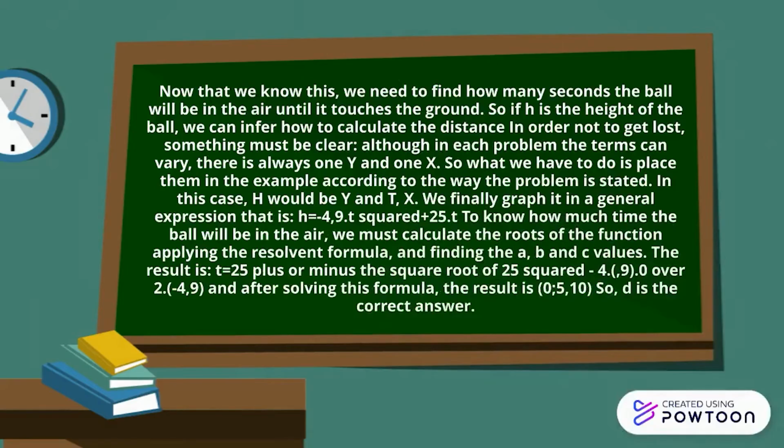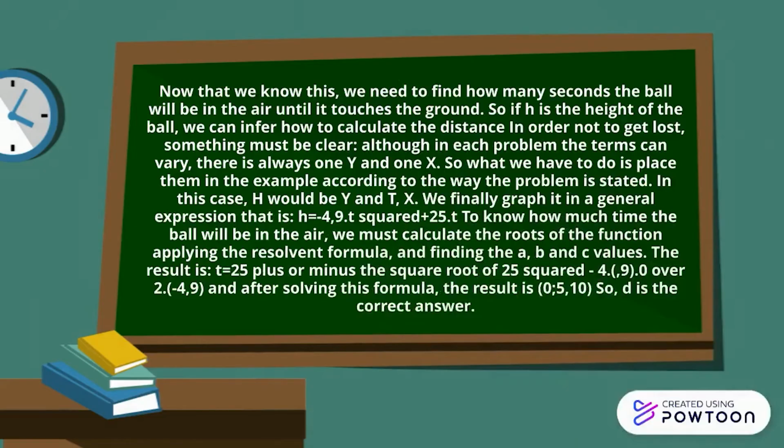We finally wrap it in a generic expression that is h equals negative 4.9 times t squared plus 25 times t. To know how much time the ball will be in the air, we must calculate the roots of the function applying the resolvent formula and finding the a, b, and c values.